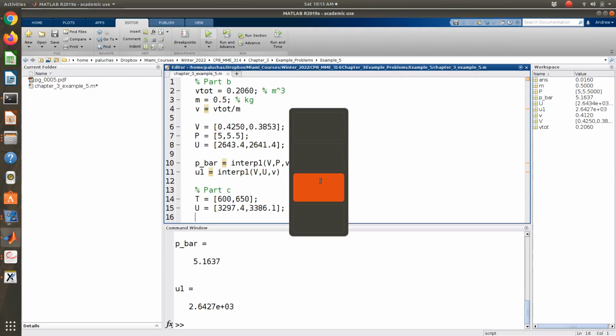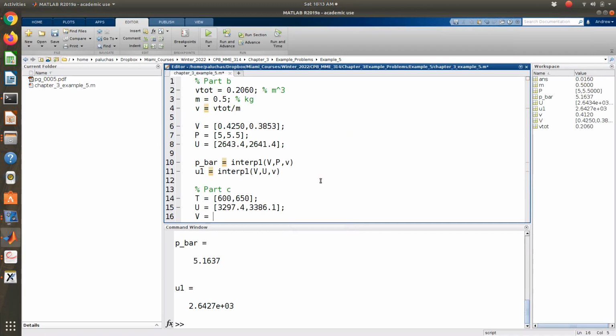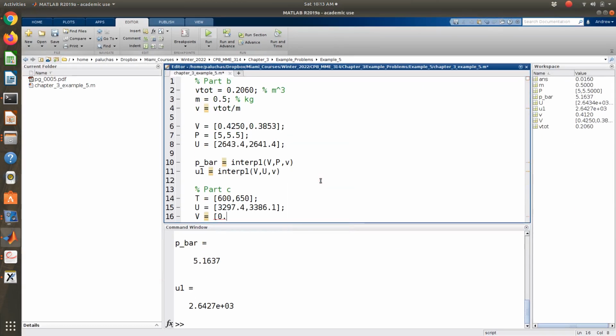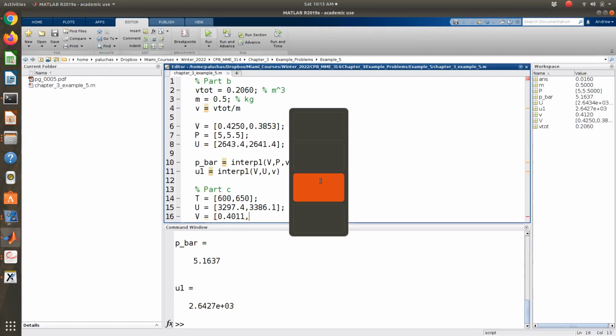And then V. It's just in the way I've set up my table: the top value and the bottom value, the values right off from my table.